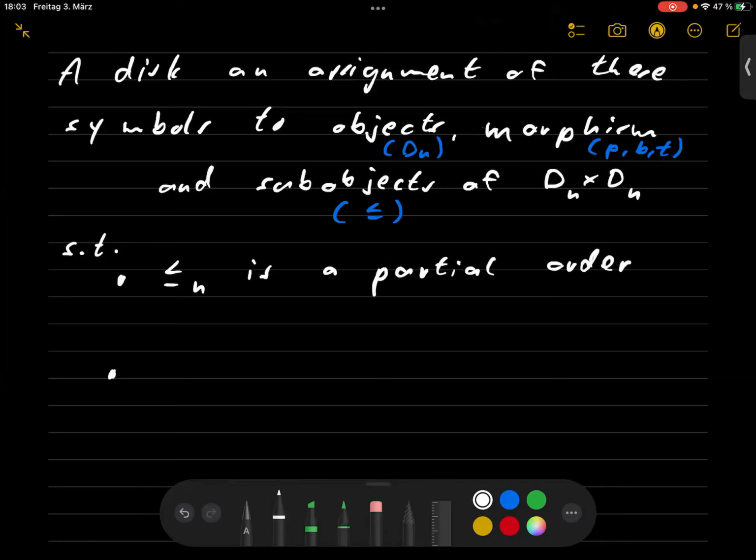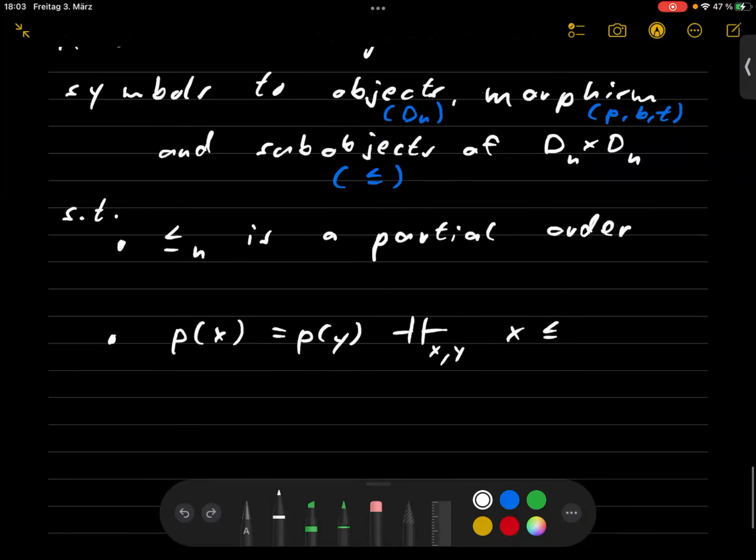Second thing, it is a total order on the fibers of P. So in this way, one can say that Px equals Py, so X and Y are in the same fiber, if and only if X is less than Y, or I just write less now, because we just remember in which dimension these X and Y live, or Y less than X. And this says that it's a total order on the fiber.